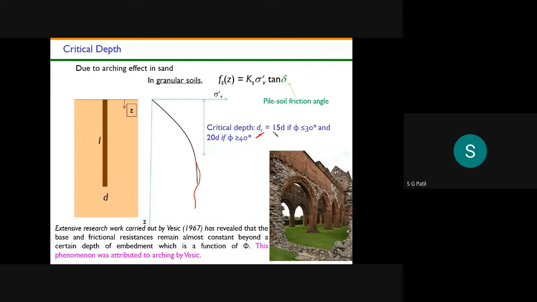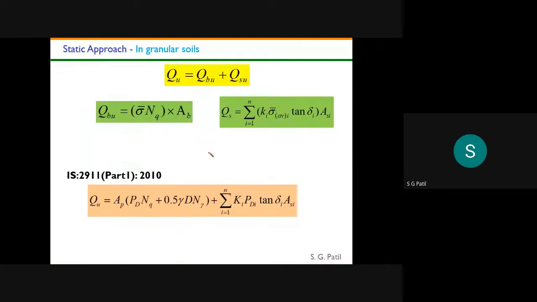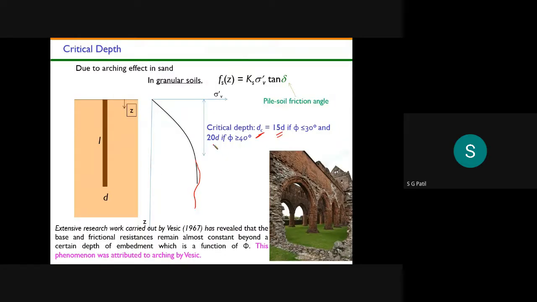Usually it will be 15 times the diameter of the pile if your phi value is less than 30 degrees, or you can take this critical depth as 20 times d also, where d is the diameter of the pile. So this is the critical depth concept.